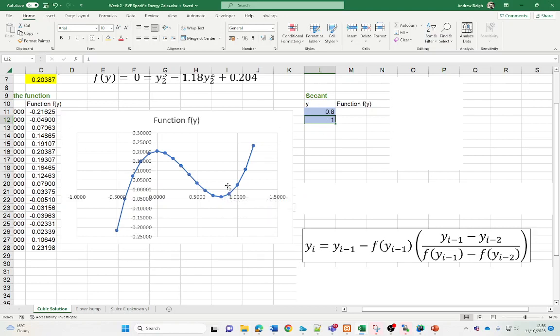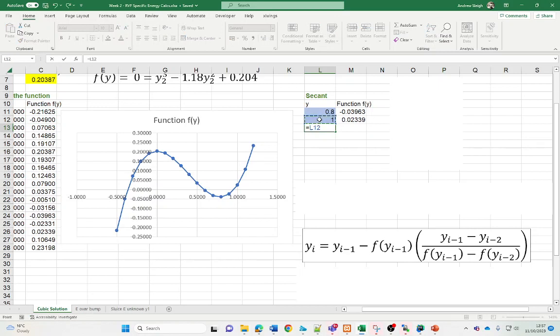We'll have a look at choosing other ones. Handily, we can just copy those first 2 function values into there, and we see that the solution is indeed between 0.8 and 1. But for the next estimate, we need to then use this secant formula, and this is it.